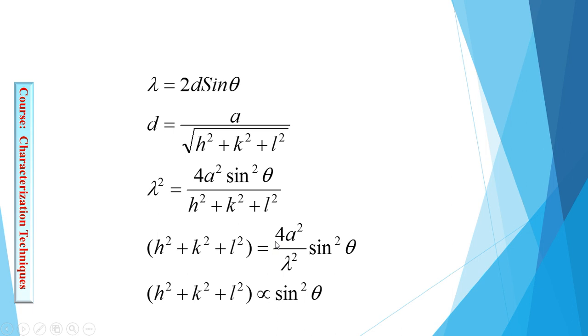So we can derive the relation that h square plus k square plus l square is directly proportional to sine square theta, the position. It means if we know the HKL value, we can find out the position.